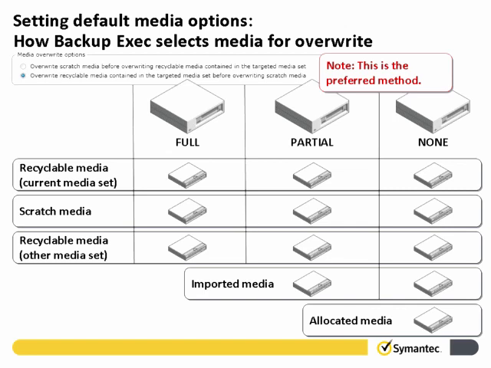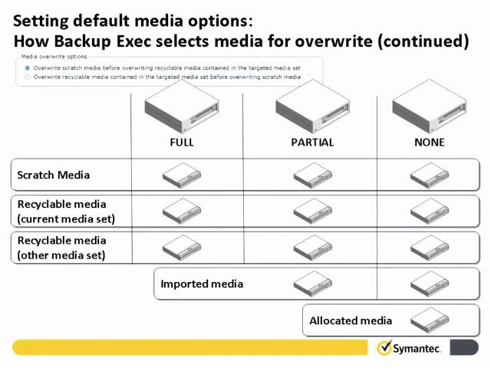The difference between these two radio buttons, overwrite scratch and overwrite recyclable, is really apparent if you leave it at the default. If I leave it at the default, which is to overwrite scratch, when the backup job kicks off, it's going to go and say, is there a brand new tape available before it does anything else? The result is that you'll never have blank tapes left in your library because it will use those up first.